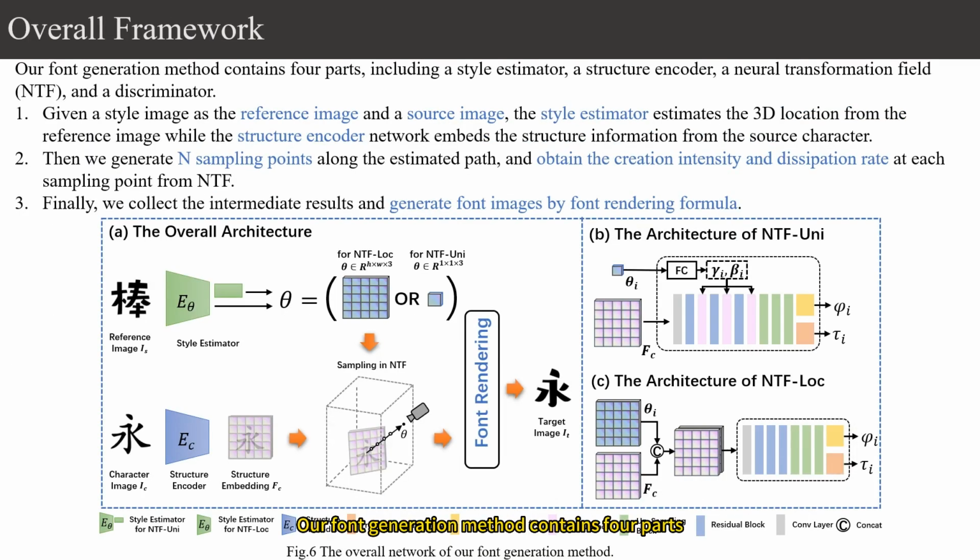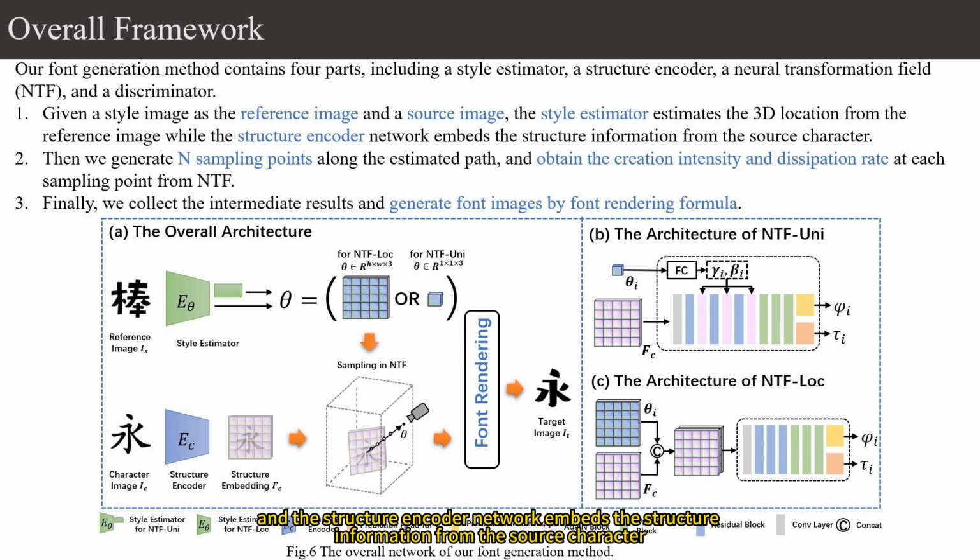Our font generation method contains 4 parts, including a style estimator, a structure encoder, a neural transformation field, NTF, and a discriminator. We use the following steps to generate the font images. With the reference images and a source image, the style estimator estimates the locations from the reference images, and the structure encoder network embeds the structure information from the source character.